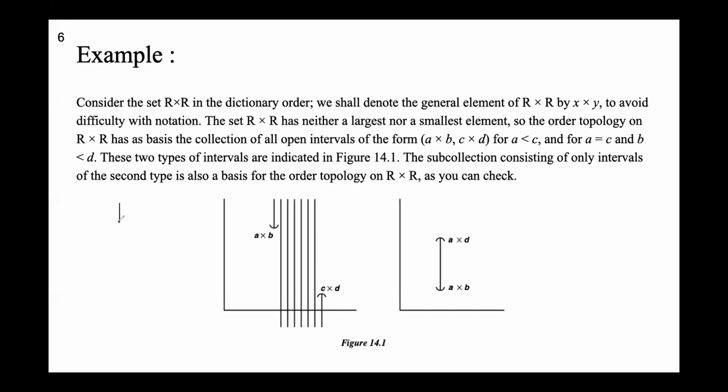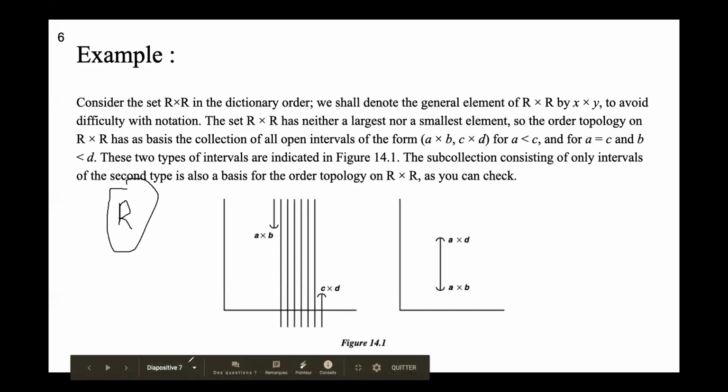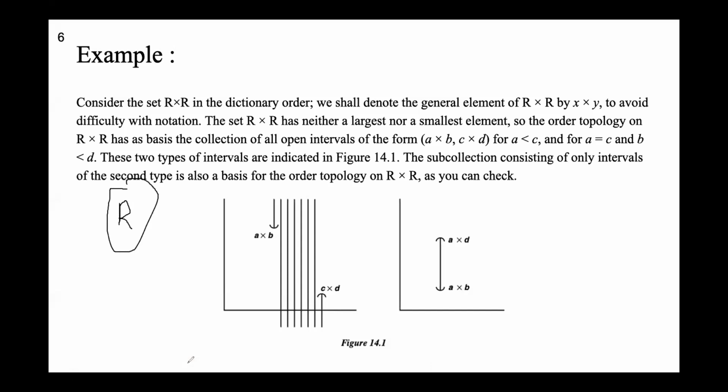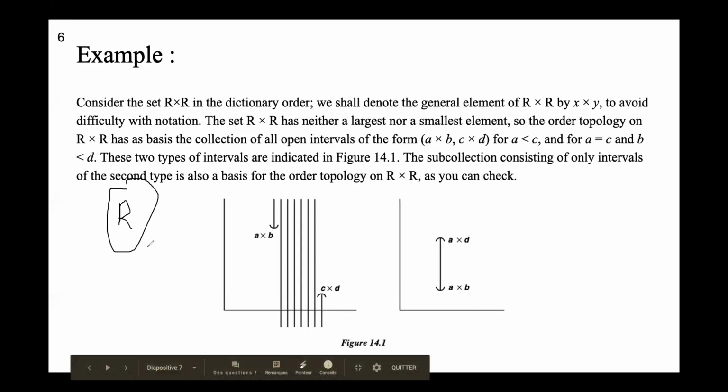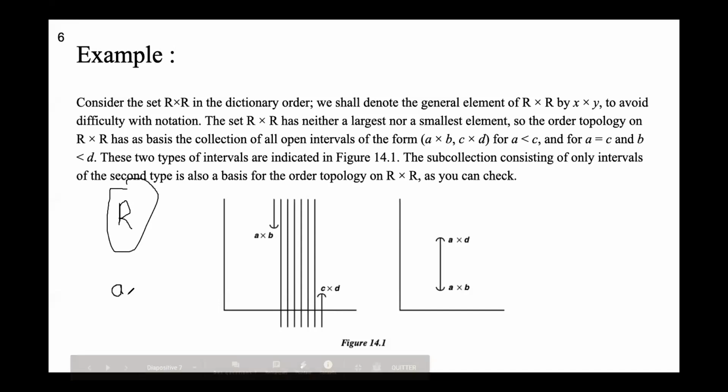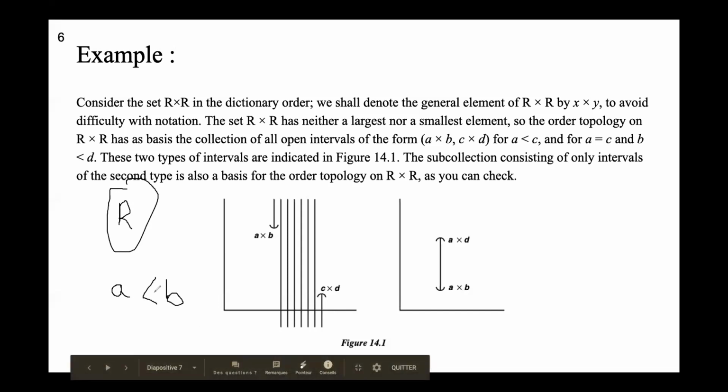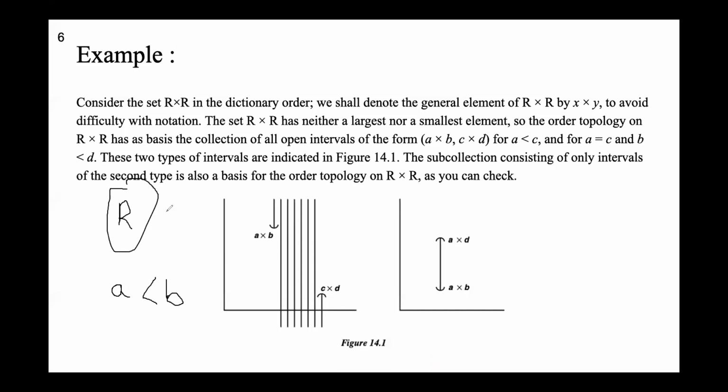So then, let's consider the set R here. So the standard topology on R would be defined as it is defined on the usual R that we study. So let's take, for example, two elements, A and B.